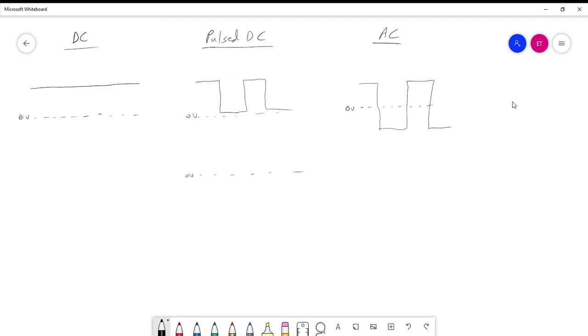Some other classic shapes, a ramp perhaps, and it could ramp up and then drop down. That ramp could be symmetrical, and then we would call it a triangle wave. Oops, I'm trying to do equal time up and down. Okay, triangle wave.